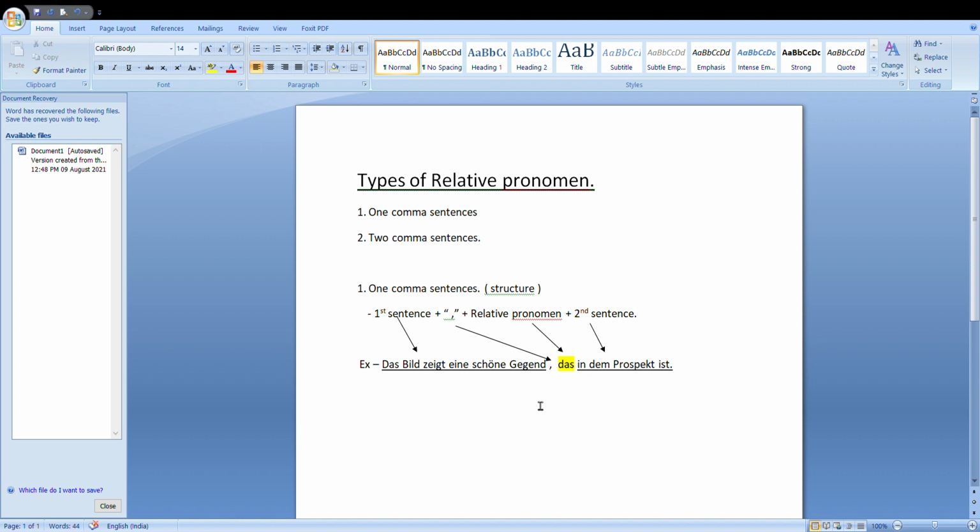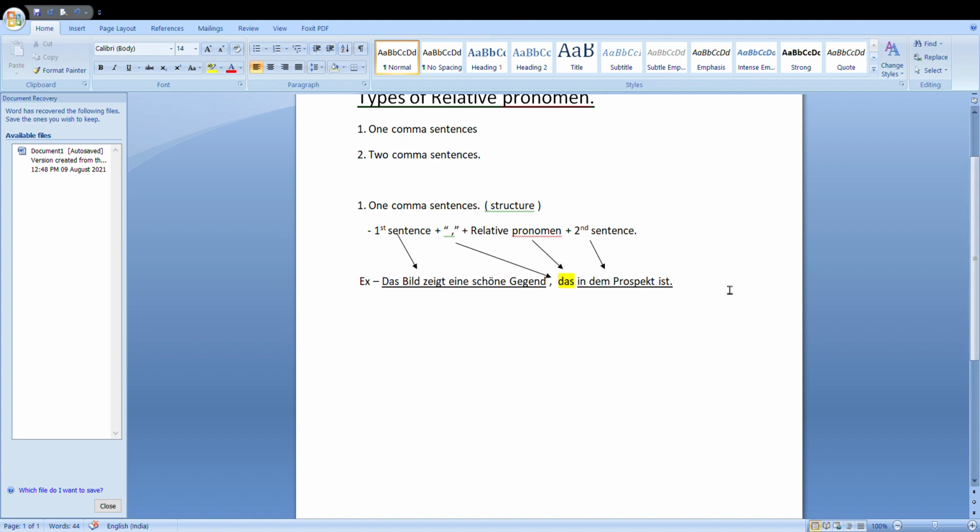Das Bild zeigt eine schöne Gegend, das in dem Prospekt ist. The meaning of this sentence is: the picture shows a beautiful area which is in the brochure.